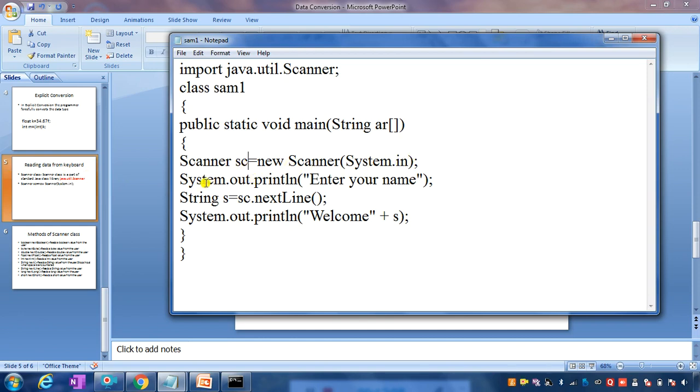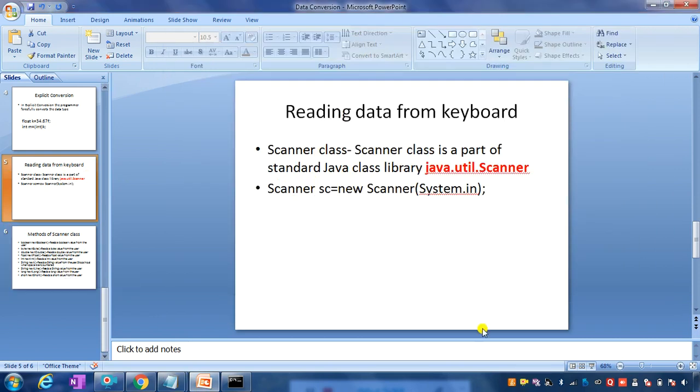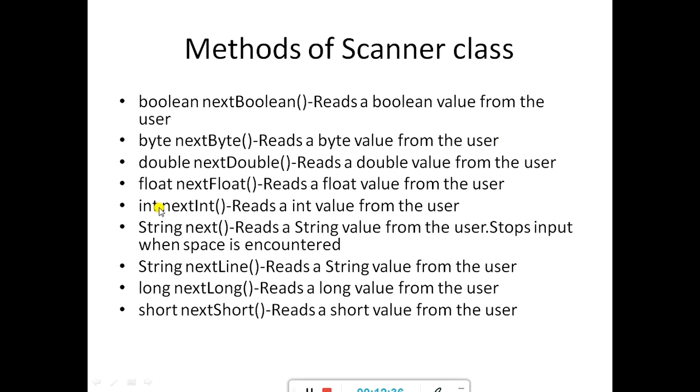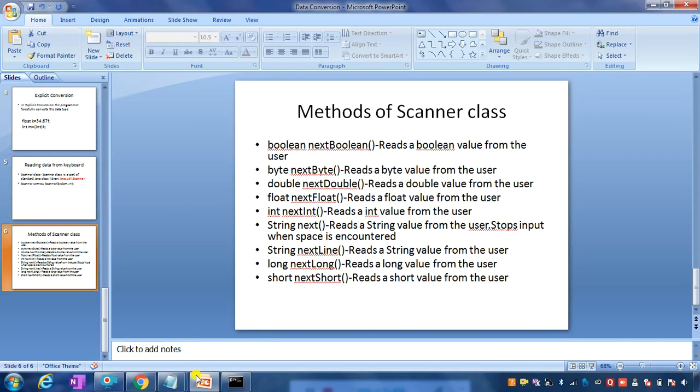Now here you can see "Enter your name". This is on the output console. I'm using a string variable s, and I say sc dot. Now all these methods which we have seen just now have to be accessed with the help of the object. The object over here is sc.